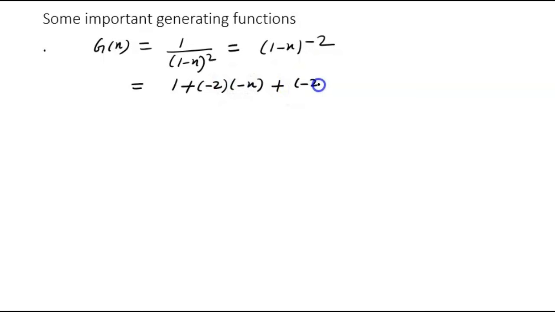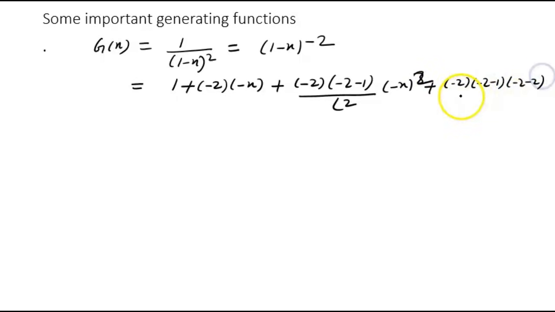N, that is minus 2, times n minus 1, so that is (−2)(−2 − 1)/2! and (−x)², and plus, what is the next term? (−2)(−2 − 1)(−2 − 2)/3!, and the term will be (−x)³, right? If I like I can write other terms also, but now I am leaving it.